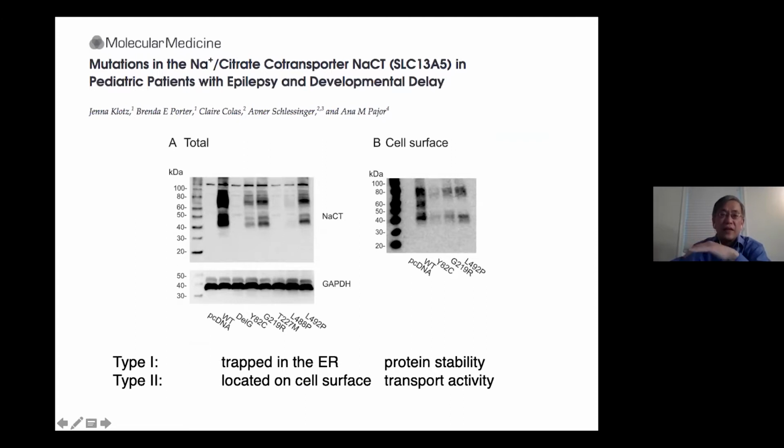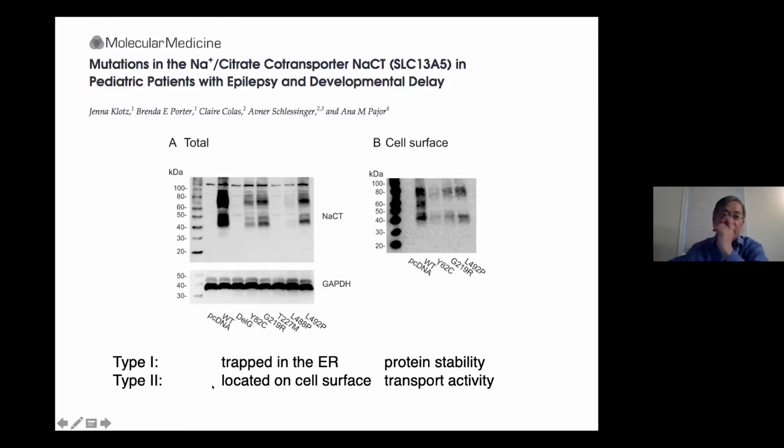They found that some of the mutated proteins, the mutants, would express in the cell, but they would not go to the cell surface, to the plasma membrane. And the others were expressed and did go to the plasma membrane. They called the first one type 1, that is trapped in the ER, and they thought this was due to either protein stability or protein integrity.